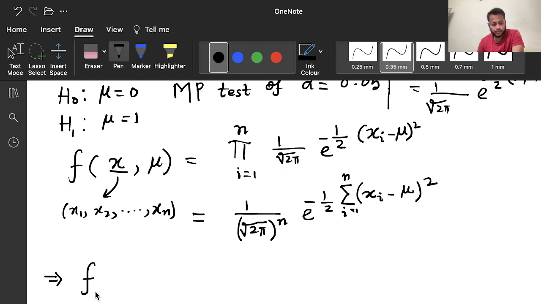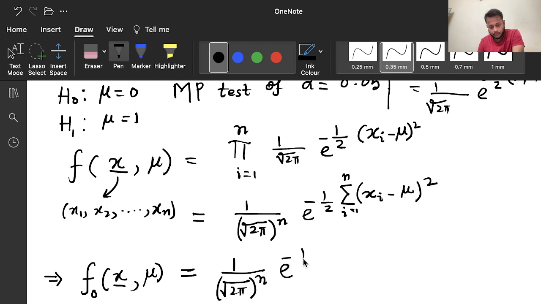The distribution will look like 1 by root 2 pi to the power n e to the power minus half summation i equal to 1 to n, and we have to put mu equal to 0, so that is xi square.